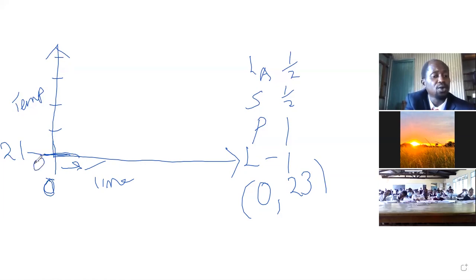Do not place the 0 there. That is marked wrong. Don't place the 0 there because it would mean it has been applied to both the x and the y-axis.